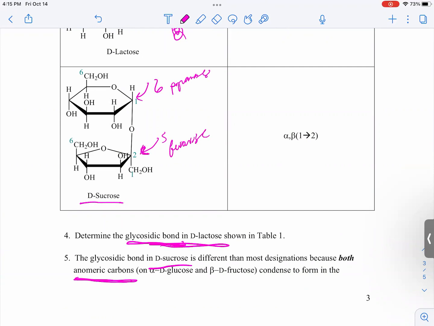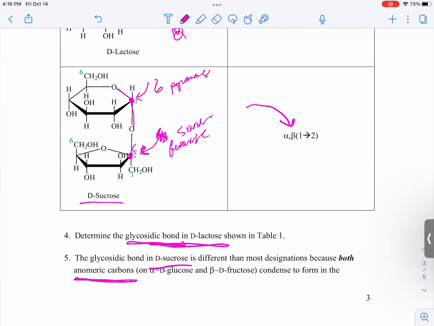Okay. And so in this case, our carbon 2 on the 5-membered ring is going to be our anomeric carbon. And so you see both anomeric carbons, right? They're both bound to 2 oxygens. Both anomeric carbons are involved in the glycosidic bond. So that has to be noted whenever you're naming the glycosidic bond.